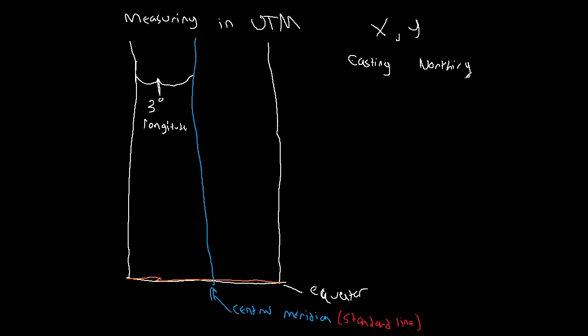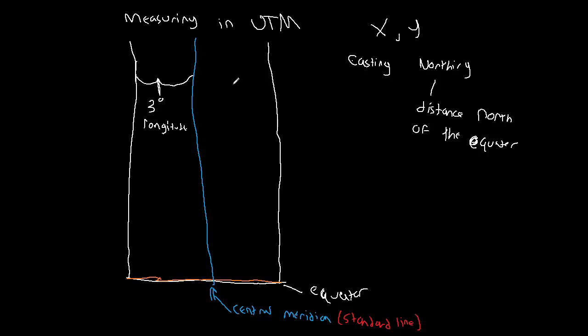Well, northing, right, Y, northing, is the distance north of the equator. If you were in the southern hemisphere, this would actually be a false northing because it would be the distance south of the equator, but it would be positive. So northing makes sense, right? Northing is just how far you are north of the equator.